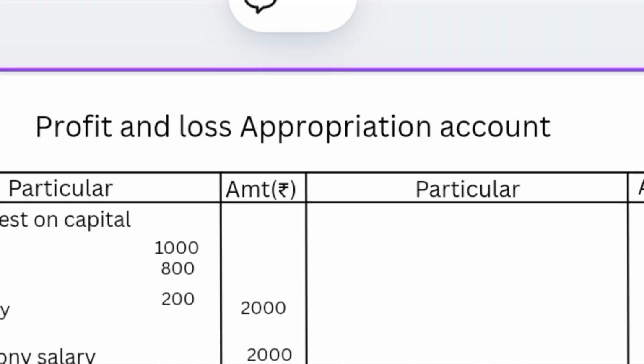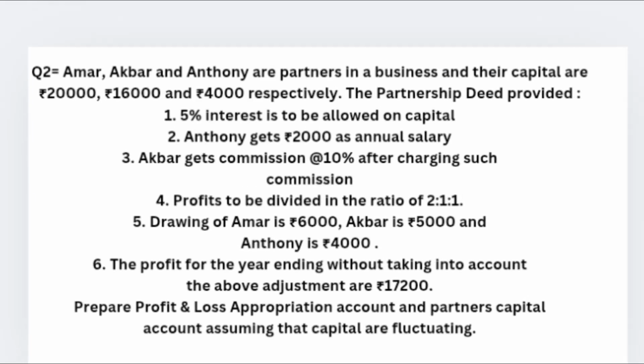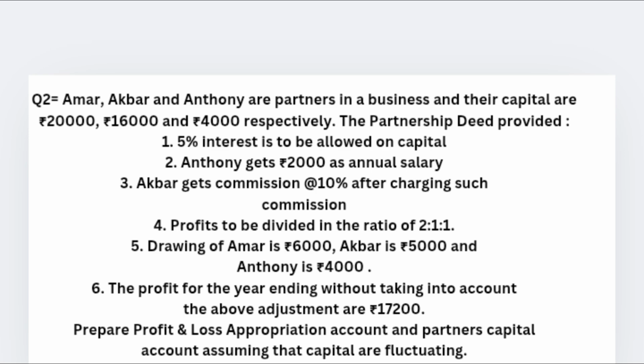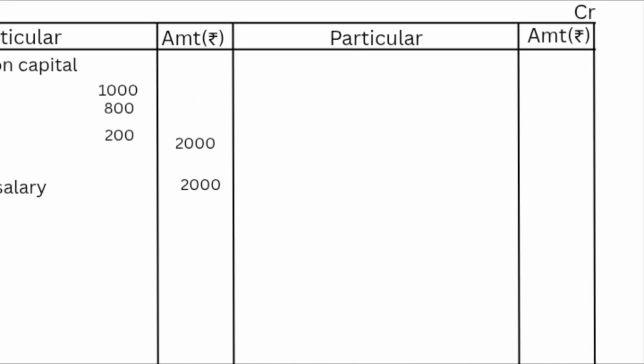So the third item is Akbar's commission. We'll calculate this one later. First, we'll move to the sixth item, which is the profit for the year ending, which is 17,200. We'll write it on the credit side.